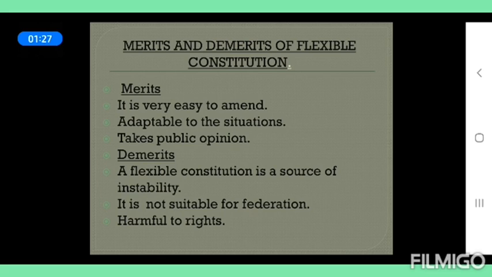That means the legislature can pass a constitutional amendment in the same manner by which it can pass or repeal ordinary laws. That is why it is very easy to amend. That is number 1, merits of a flexible constitution.